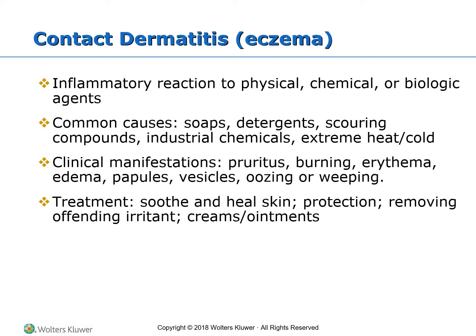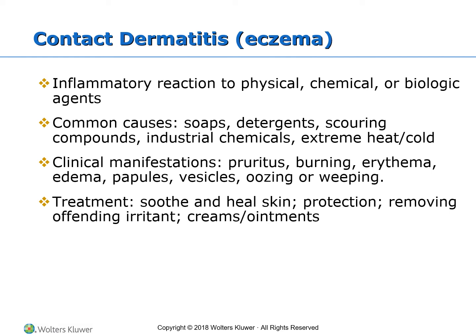Clinical manifestations, there can be itching, burning, redness, edema. The patients can actually get papules and vesicles that will ooze and weep. Their skin can become so bad that it cracks and it peels away.